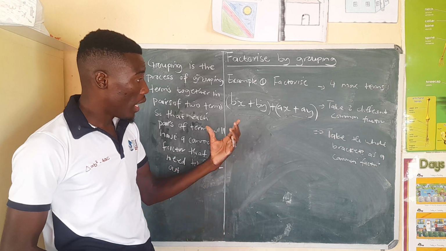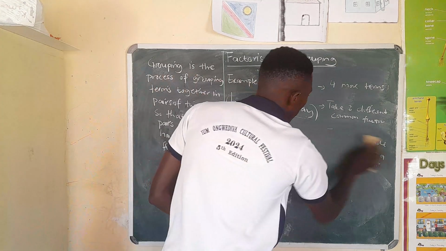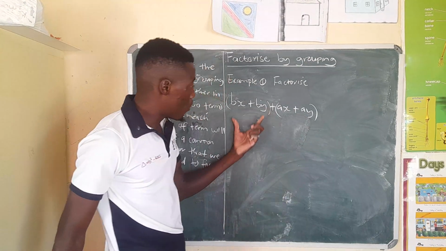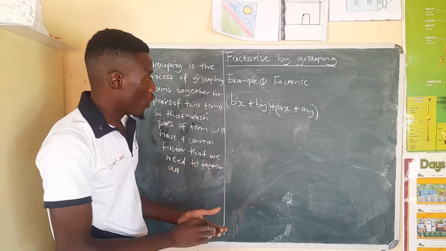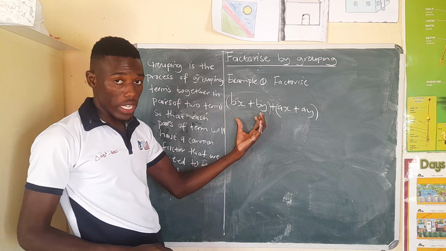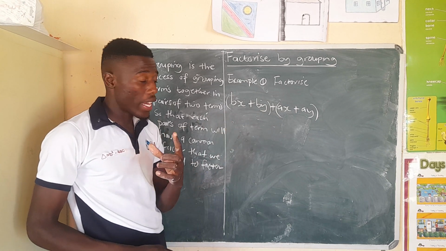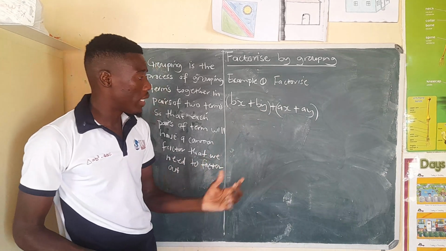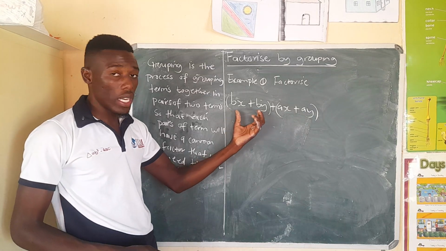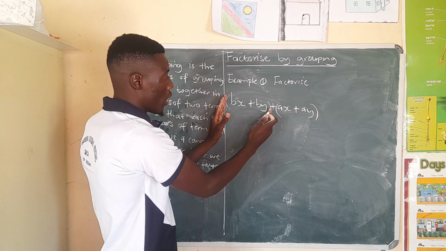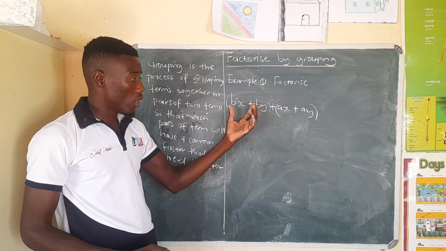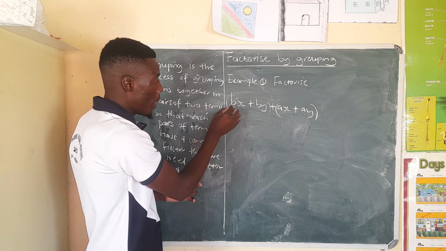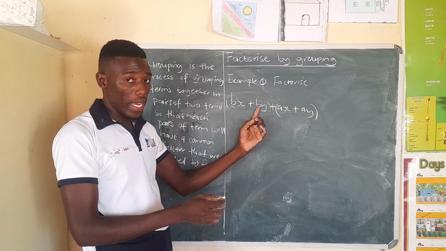Alright, let's factorize. I've already grouped my terms in pairs of 2. So I'm going to take the common factor of this one. We are only dealing with variables here. We don't have numbers. So we are going to look at the variable that is appearing in both terms. B is appearing in this term, and is also appearing in this term.